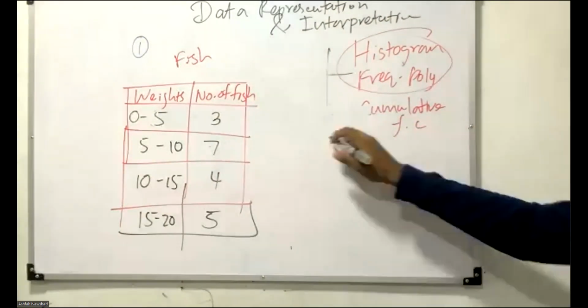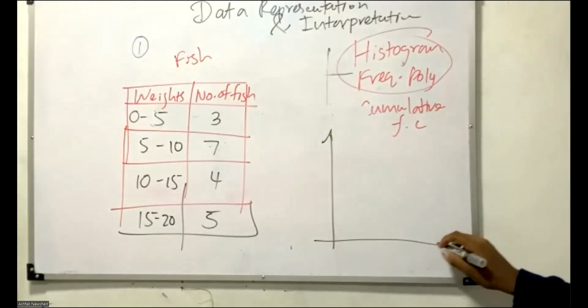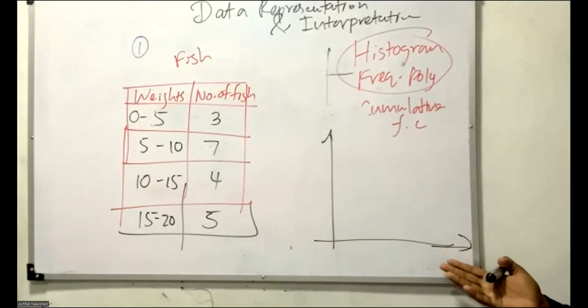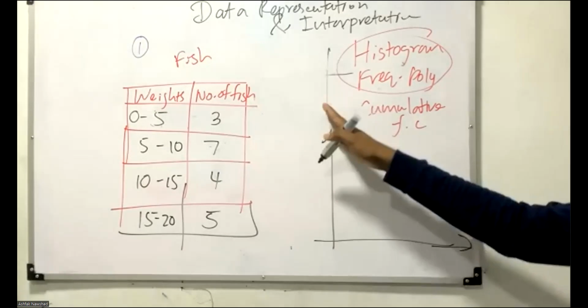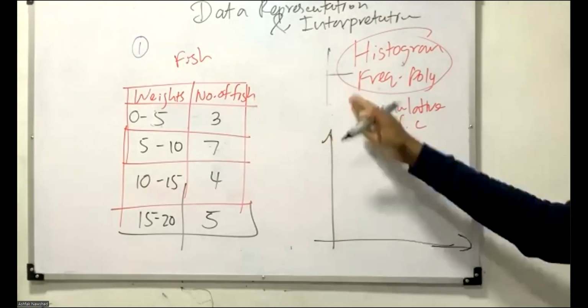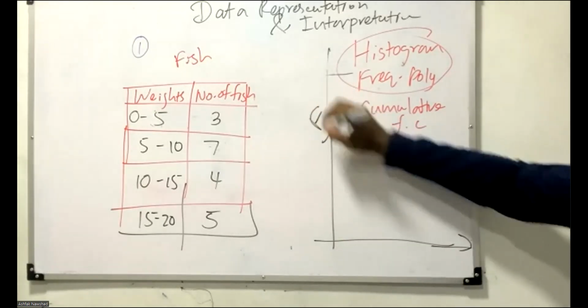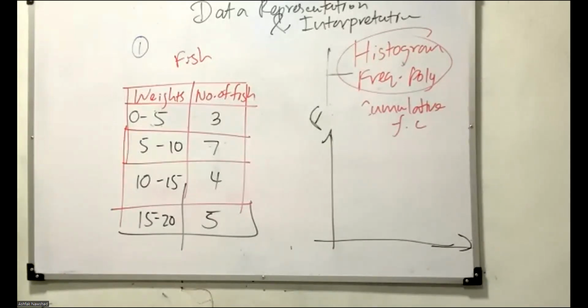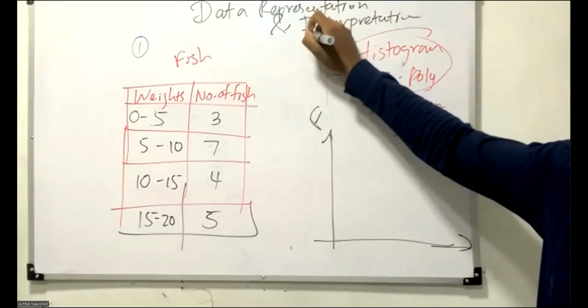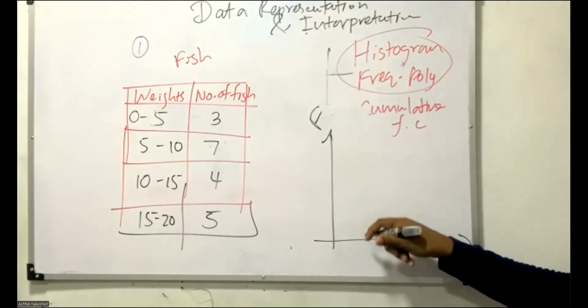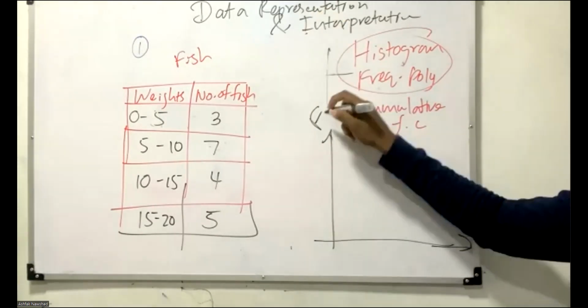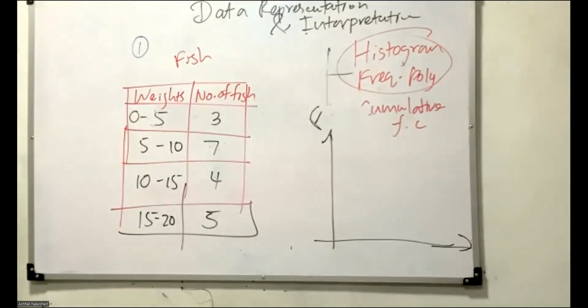A histogram is nothing but a Cartesian plane. You may have come across Cartesian planes, right? X-axis and y-axis. In the y-axis, there's always frequency. Remember, in every graph in this lesson, the y-axis will be frequency. So if the y-axis is frequency, what would be the x-axis?